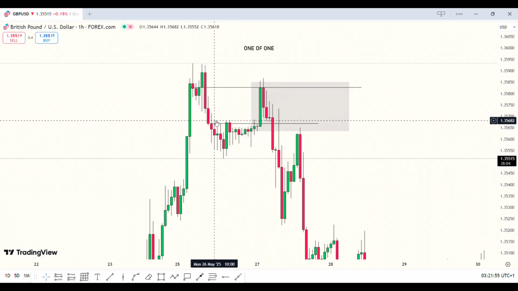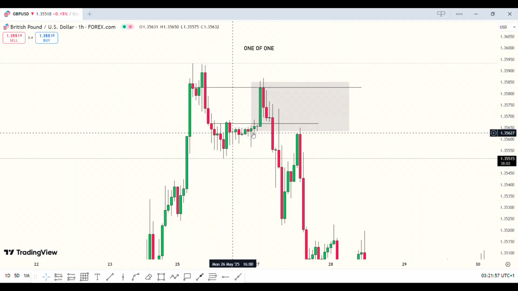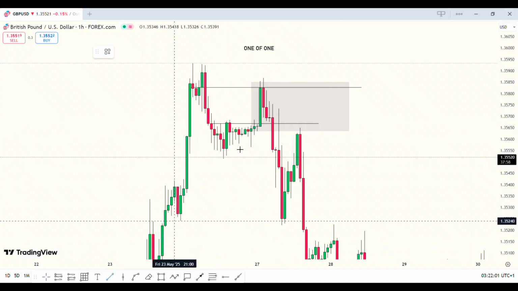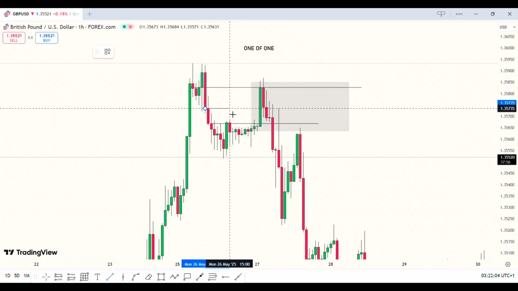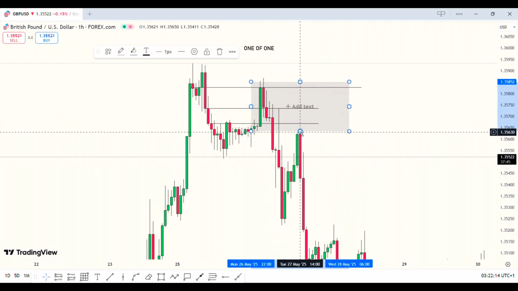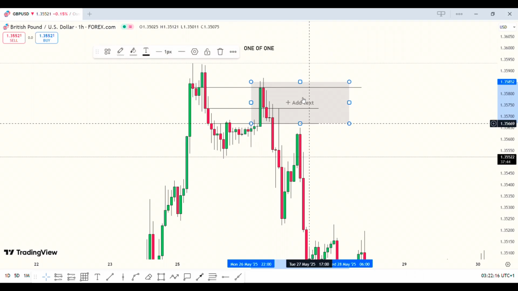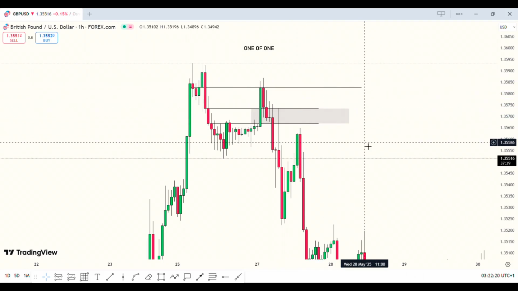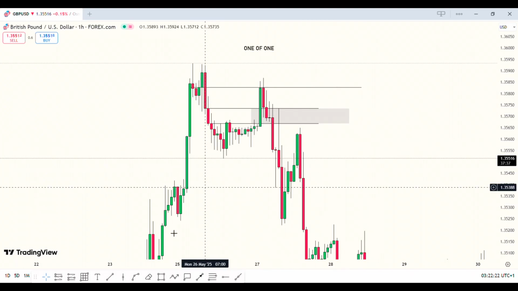This opening price here, because it rejected price, rejected price, rejected price, rejected price. So that would count as 1. This would also count because it rejected price here, here, and here. So that will make it two levels, or 2 opening prices. So I would mark that zone out, and that would be where I would be expecting price to react from.